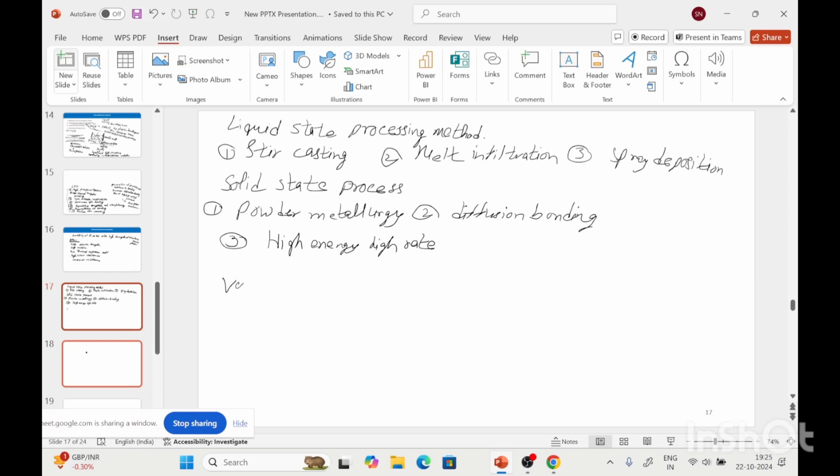And third is the vapor state process. In the vapor state process, chemical vapor deposition, physical vapor deposition, and electron beam physical vapor deposition come. It means the composites can be prepared by these liquid, solid, and vapor state processes.